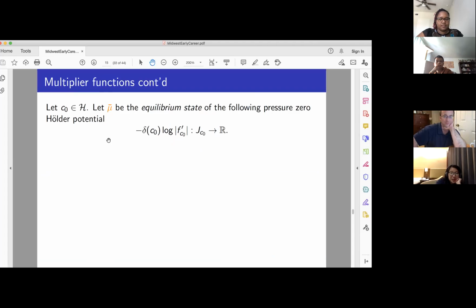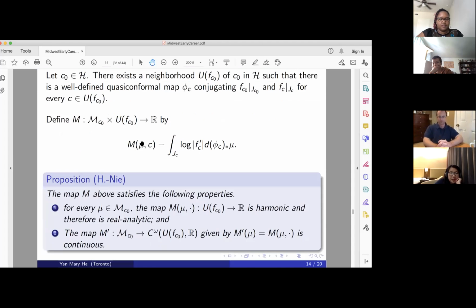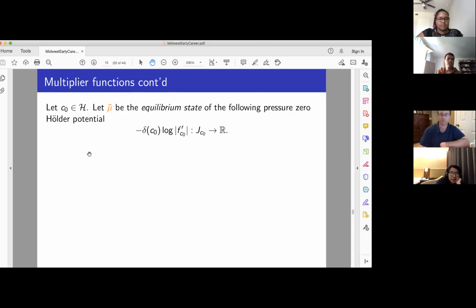Okay, right. So now, if we recall this map, we want to insert a particular invariant measure mu and consider the map again. This particular measure mu we want to consider is something I denoted here by mu bar. This is the equilibrium state of the following pressure zero Hölder continuous function: you take the negative of the Hausdorff dimension times the geometric potential.